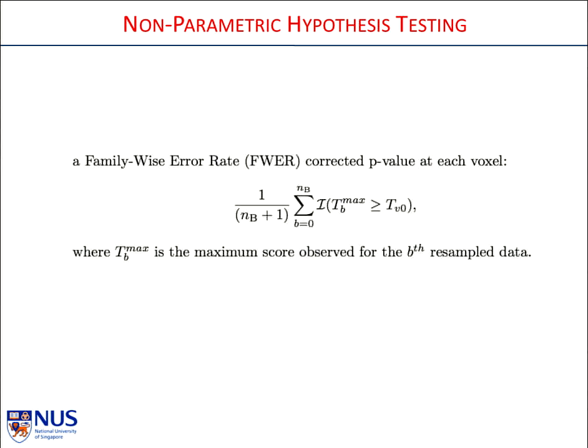This is what people call the family-wise error rate. Of course, this is a non-parametric way of correcting for multiple comparisons across the entire image. So I hope I gave you a clear idea of how this approach works and how you will be able to make a statistical inference on that.